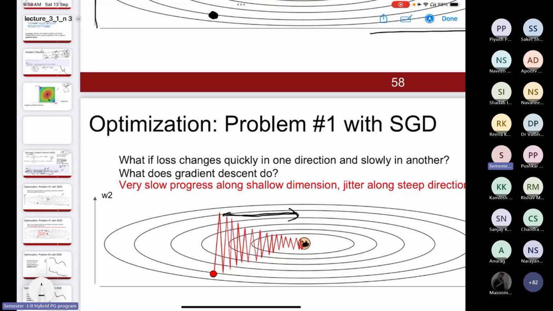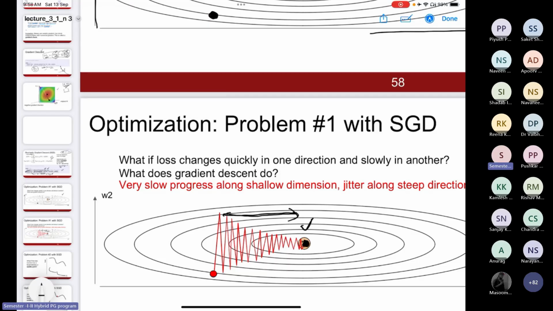So this could be one type of problem. Since you are not controlling the value of W, you could have this scenario where one W is changing a lot, but at the same time another W is changing only a small quantity. And that may create an issue, because overall it has to reach here.